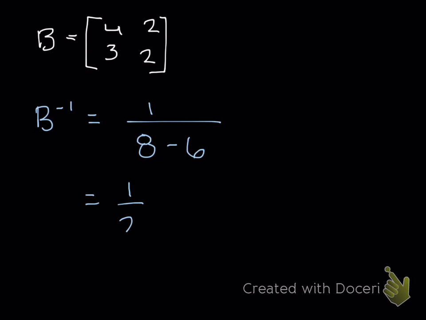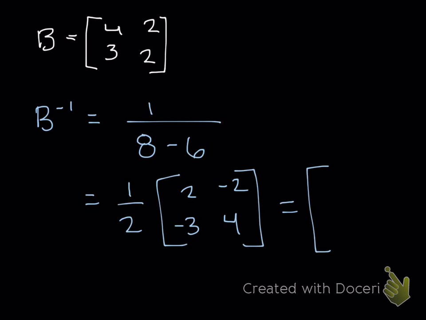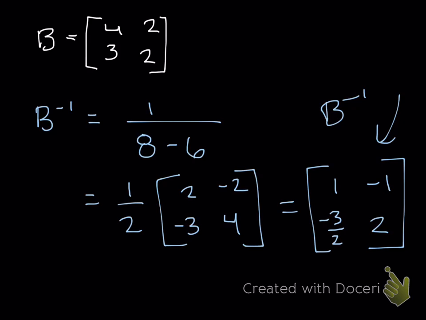So my fraction out front is a half, and now I need to do some scrambling. So 2 and 4 switch, and 2 stays, it becomes negative, 3 stays, it becomes negative. And then the last thing that we do is multiply everything by a half. So I get 1, negative 1, negative 3 halves, and a 2. So this is our inverse of B.